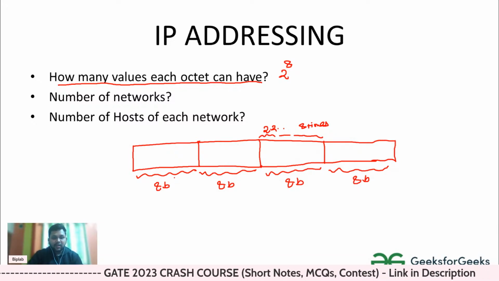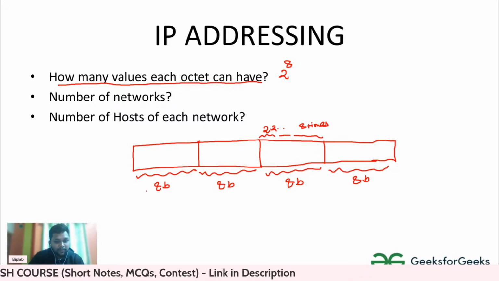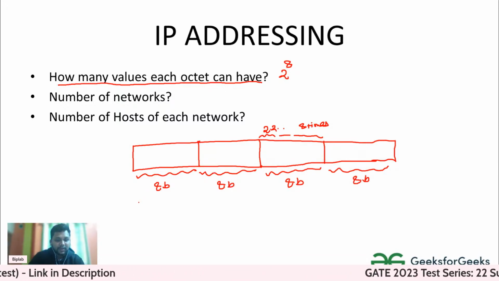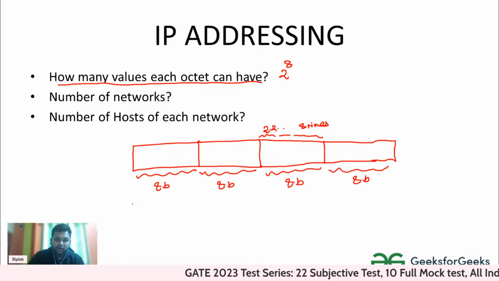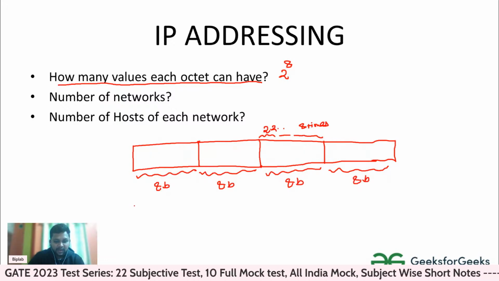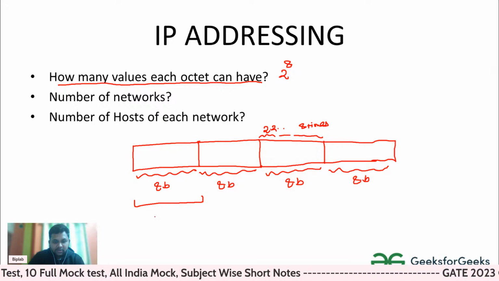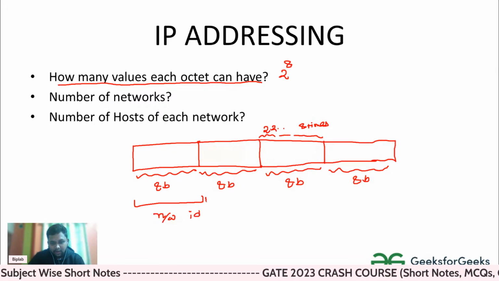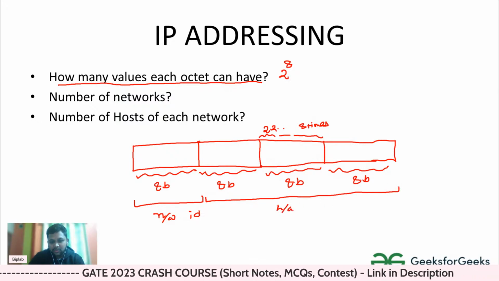Now, this one IP address is further divided into two parts. These 4 octets, or the 32-bit number, are further divided into two parts. One is called the network ID, another is called the host ID. For an example, let's take the first octet as our network ID and the remaining 3 octets as our host ID.